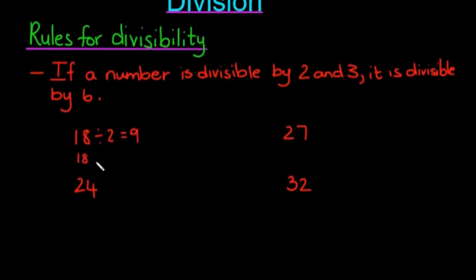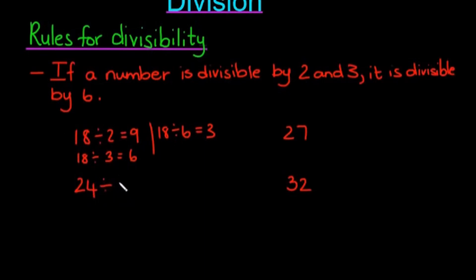And if I divide 18 by 3, I'm going to get the answer of 6. Which means that if I go ahead and divide 18 by 6, I'm going to get the answer of 3. So because it's divisible by 2 and 3, 18 is divisible by 6.